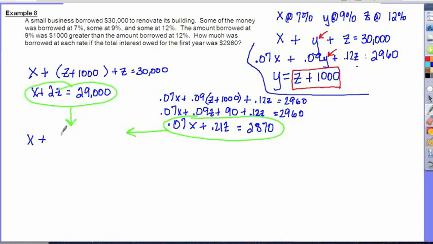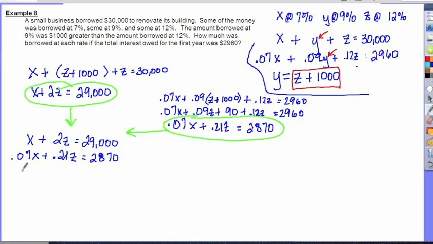So we have x plus 2z equals 29,000. And then we have 0.07x plus 0.21z equals 2,870.